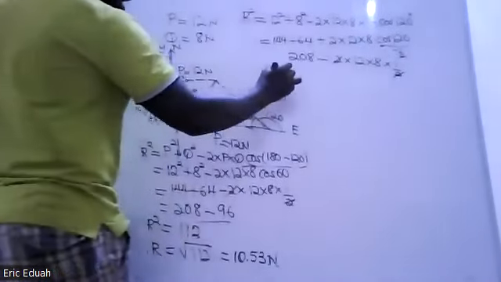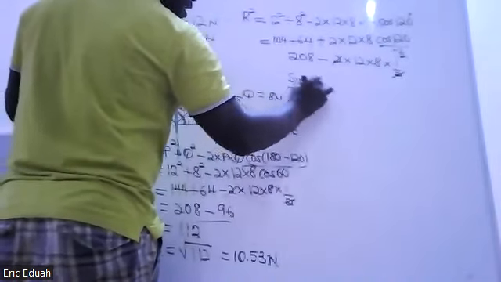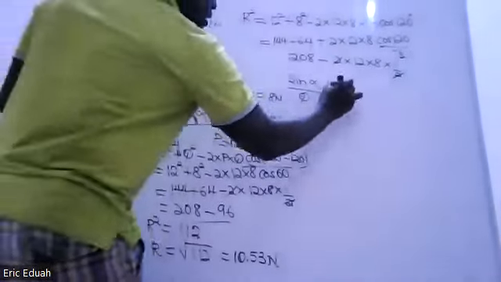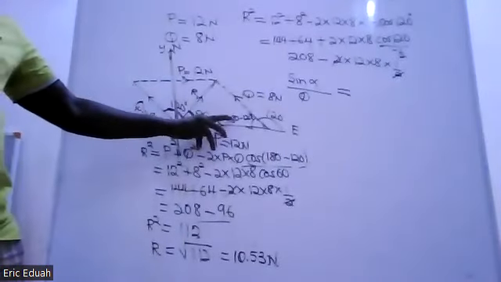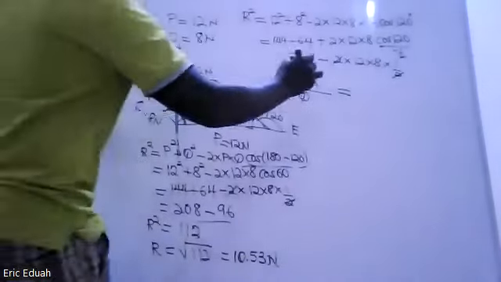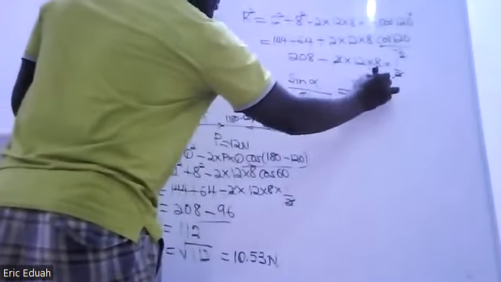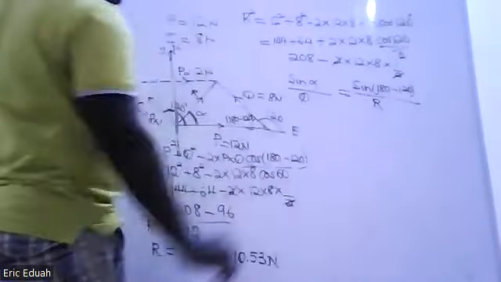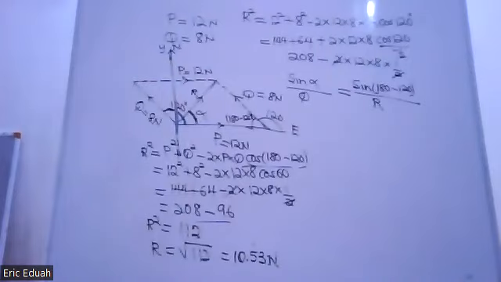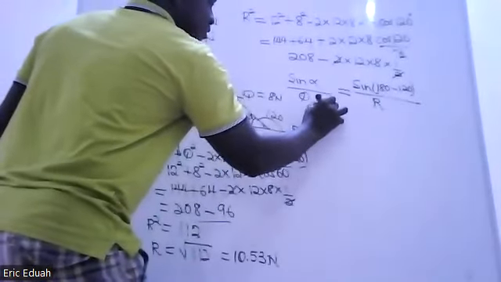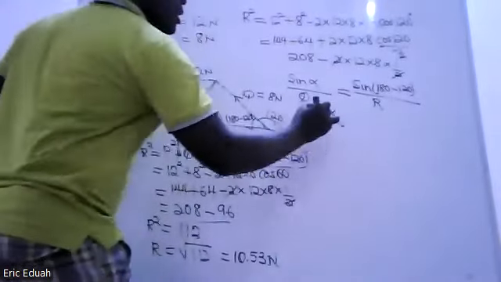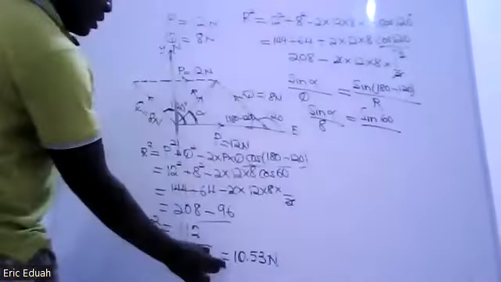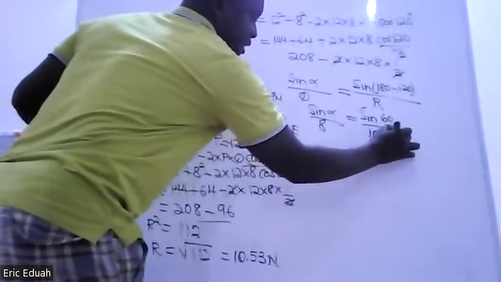So sine of alpha divided by the side opposite to it, the scale Q, which is 8 Newton, is equal to sine of any other available angle, sine of 180 minus 120, which is sine 60, over the resultant R, which is 10.53.